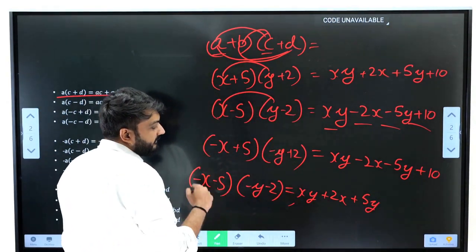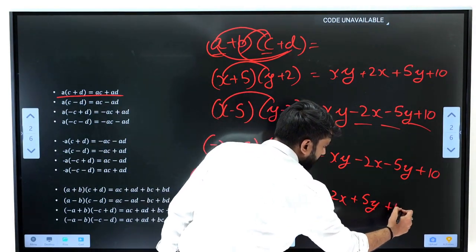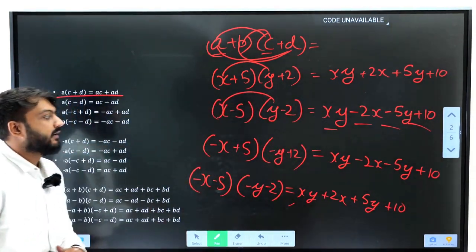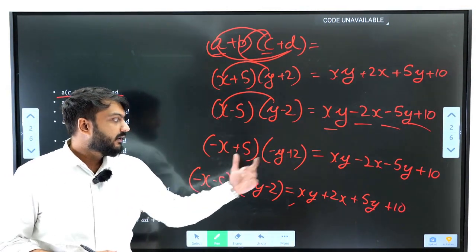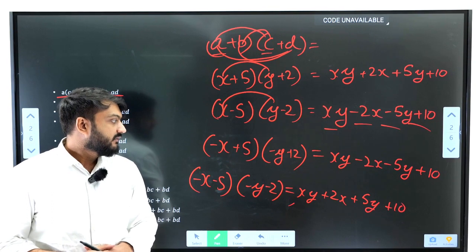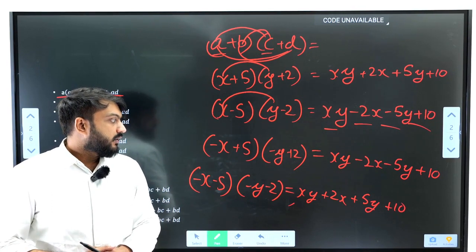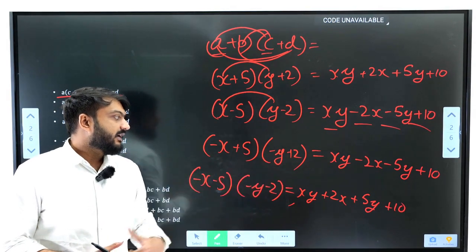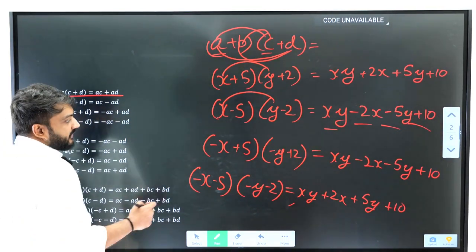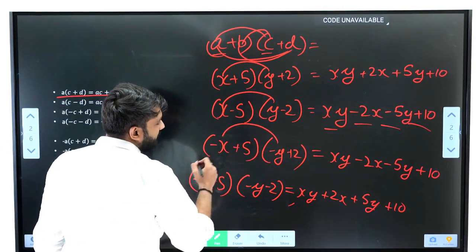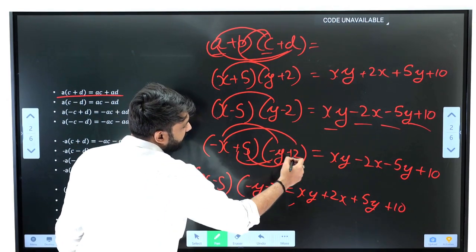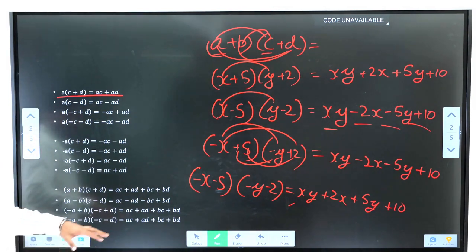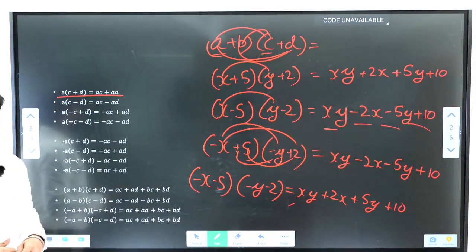And negative 5 into negative 2 will give me a positive 10. So basically here we have to ensure that all the numbers in this bracket get multiplied with all the numbers in the second bracket, which also leads us to the surety that all the numbers in the second bracket have been multiplied with all the numbers in the first one. So we pick up x multiplied with y, we pick up x and multiply it with 2, we pick up 5 and multiply it with y, and we pick up 5 and multiply it with 2. That is what this identity is telling us, and also with respect to their signs.